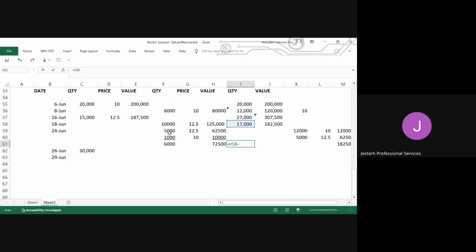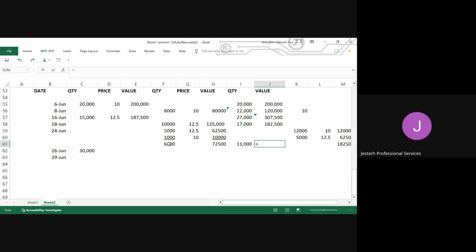The total issued as at the 24th is 6,000. It means in our store now, we are left with 11,000. This 11,000, what rate are we going to use? We are going to use 10 naira, because the 12,000 of which we just issued out 1,000 is the old stock that is still remaining and that we have not even touched.